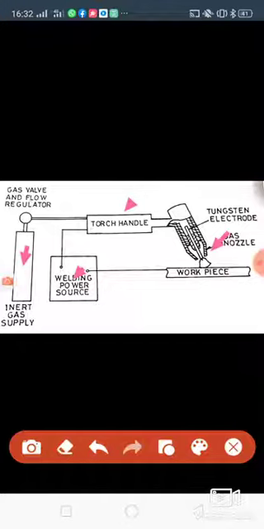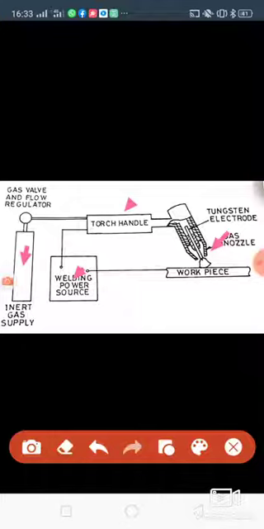The inert gas, which may be helium or argon or any inert gas, is present in this inert gas supply, and it will create a protective cloud around the tungsten electrode, so that when an arc is established between the tungsten electrode and the workpiece, this inert gas will cover the arc, which prevents atmospheric air from coming and reacting with the hot workpiece and molten metal to form oxide.